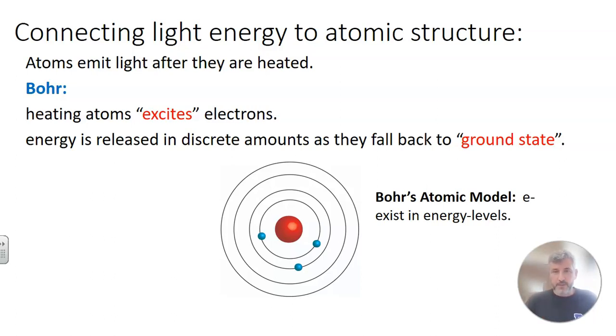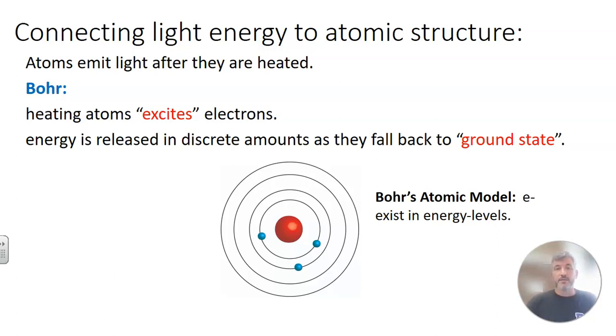And this was because, again, the energy required to excite an electron from the first to the second, or from the first to the third, or the first to the fourth, or whatever, that energy was in discrete amounts. So the number of joules required to do that, and therefore the number of joules given off as they fall back down after they've absorbed that energy and they're ready to give it back off, is discrete.